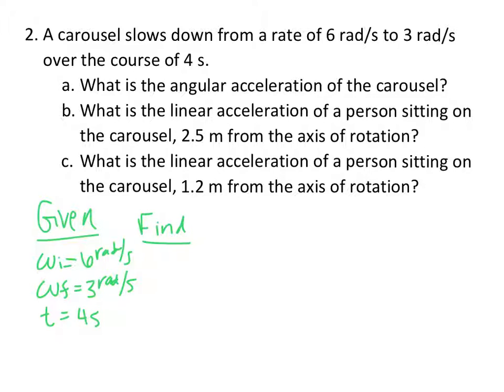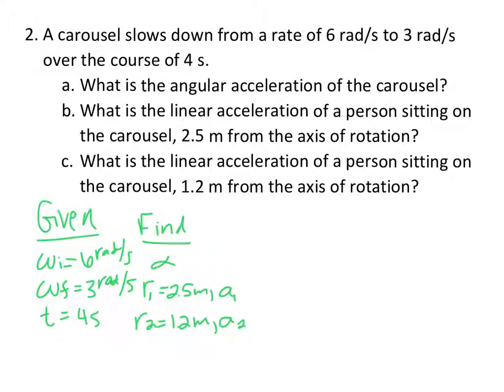We are looking for angular acceleration. And then when the radius, call that radius 1, equals 2.5 meters, we want the linear acceleration. And for the second radius of 1.2 meters, we want that acceleration as well, linearly.